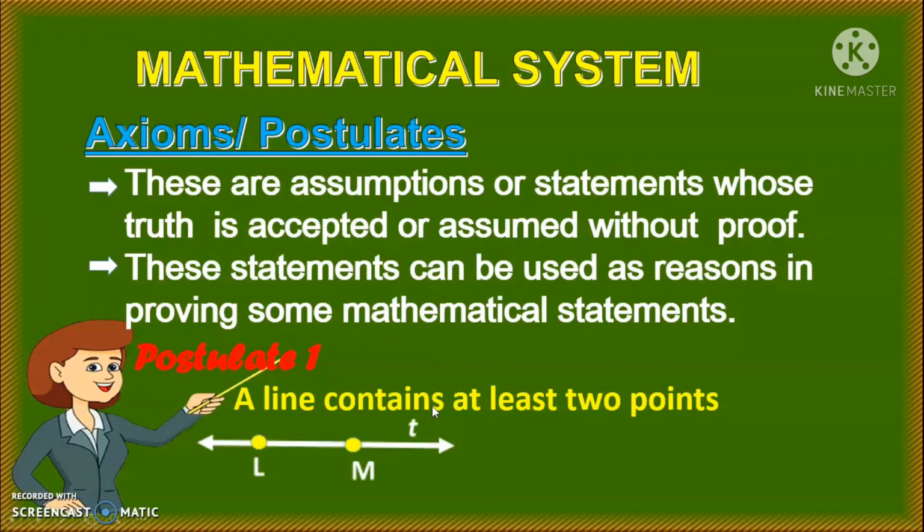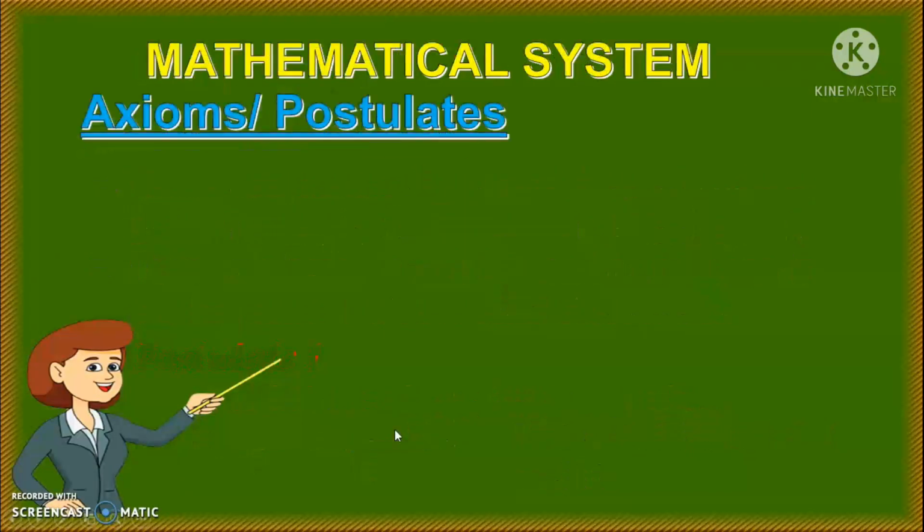Meron tayong line T, tapos meron tayong dalawang points, which are L and M. In the previous lesson, alam na natin paano pag-name ng isang line. We can name this as line T or magagamit natin yung dalawang points, which is line LM. So, line T contains points L and M.